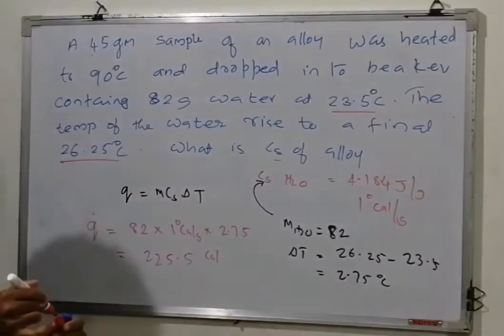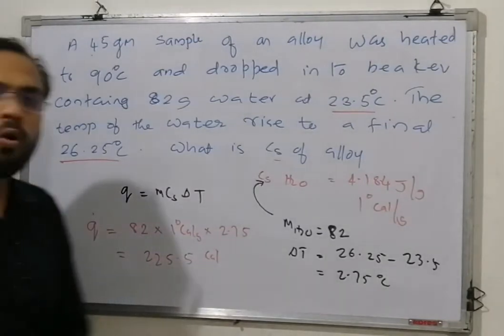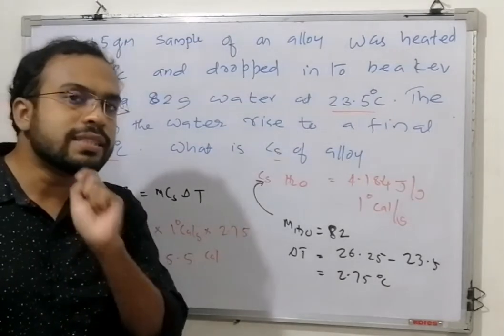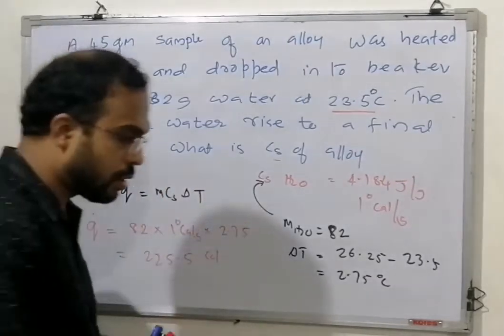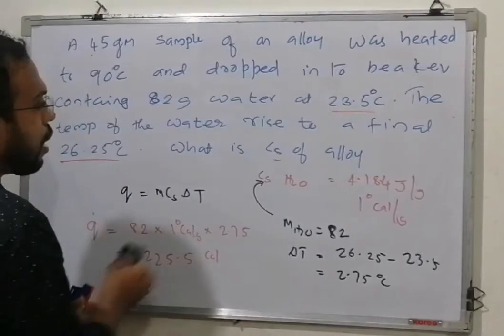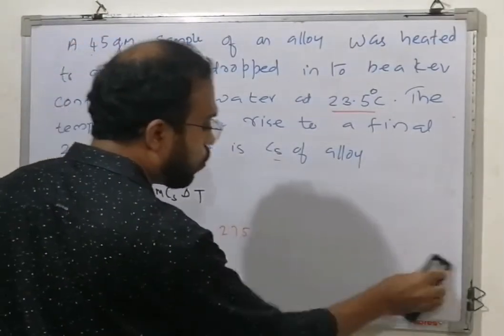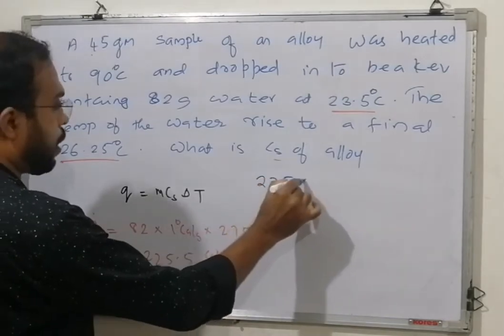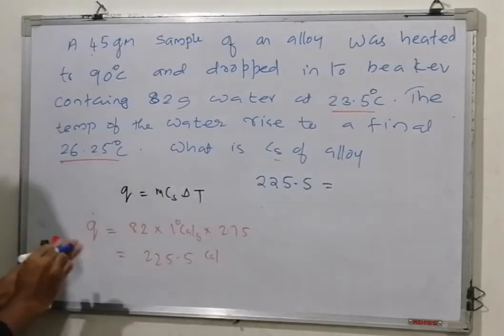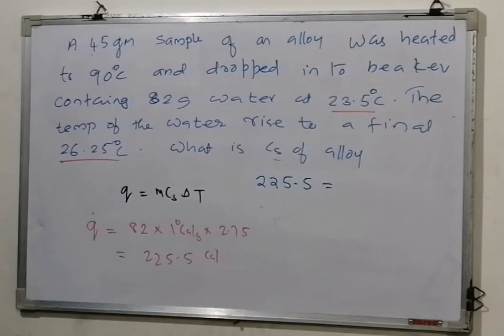This is the heat absorbed by the water. Obviously, this is the heat released by the metal. Therefore, you got the heat released by the metal: 225.5.